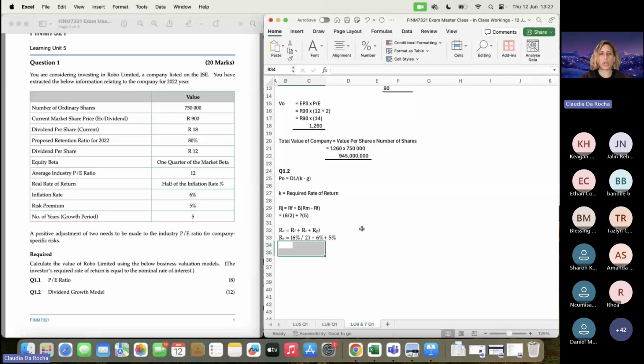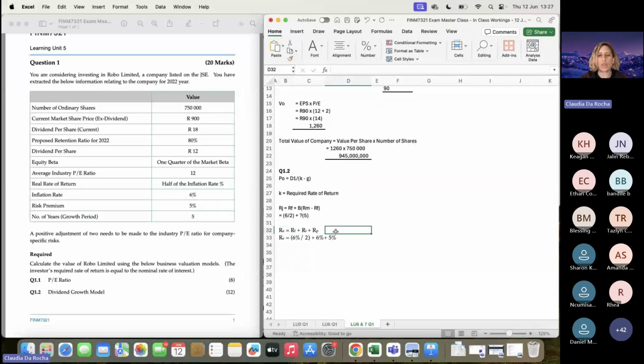Okay, so because we don't have our market beta to calculate equity beta, we have to use a different formula. Quite similar to what we had learned with our common approximation formula, where we take into account our real rate of interest plus inflation plus the risk premium.